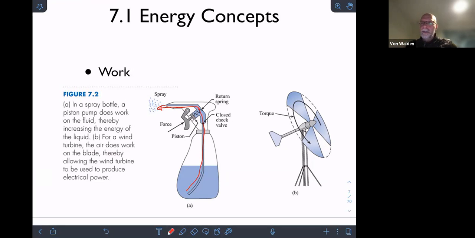So basically the Wheaties that you ate this morning, when you squeeze that bottle, are going into creating that pumping action, which is actually raising the mechanical energy to have the spray. And another example is water coming into a turbine and turning the blades, as I mentioned before. This could be used to create some electricity down here.